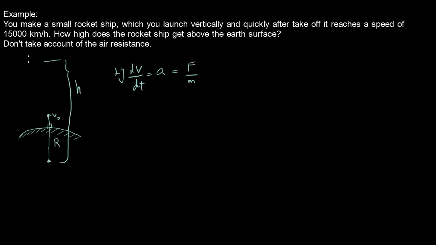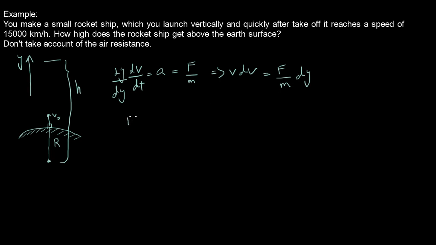Let's say this is my y direction. dy divided by dy, so this is just a 1. But note that dy divided by dt is just v, so v dv, and I can take dy to the other side, equals F divided by m dy.